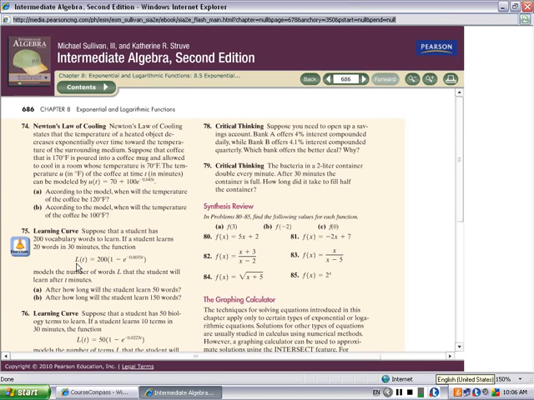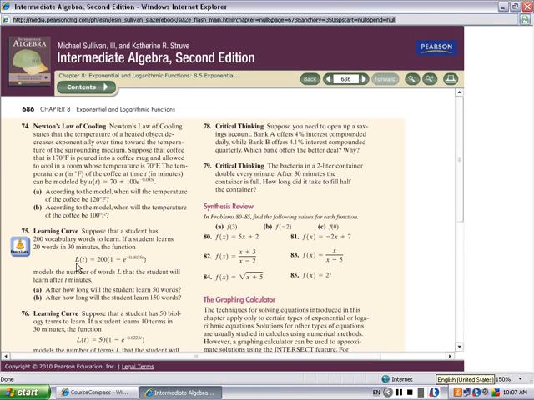What do we want to find? It says, after how long will the student learn 50 words? After how long will the student learn 150 words? The problem is actually so easy. It just says, at what time will L of t equal 50?